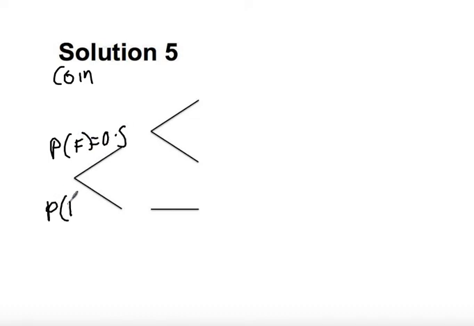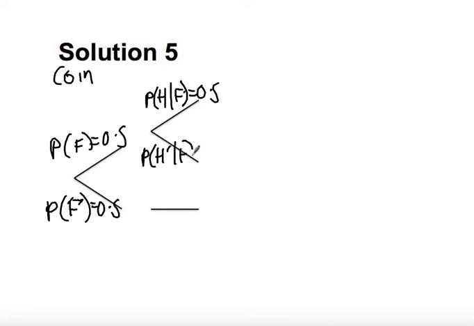Probability of an unfair coin, 0.5. And then up here I had probability of a head, given that it was fair, was 0.5. Probability of not a head, given it was fair, is 0.5. And then finally, probability of a head, given that it was unfair, was equal to 1.